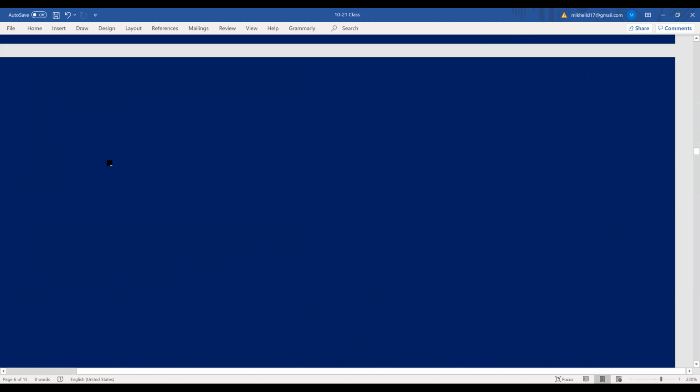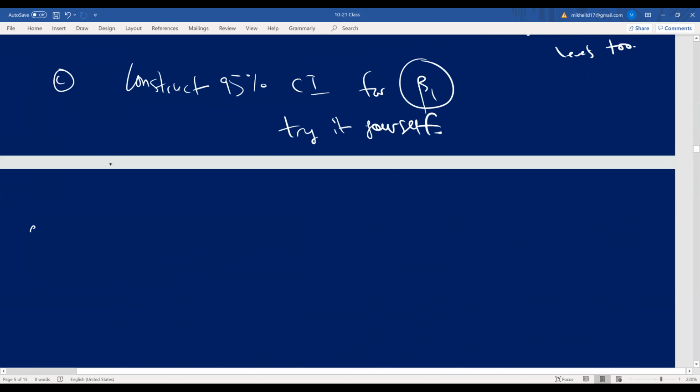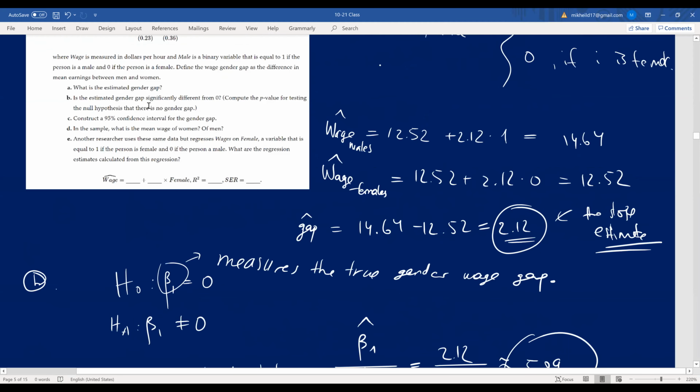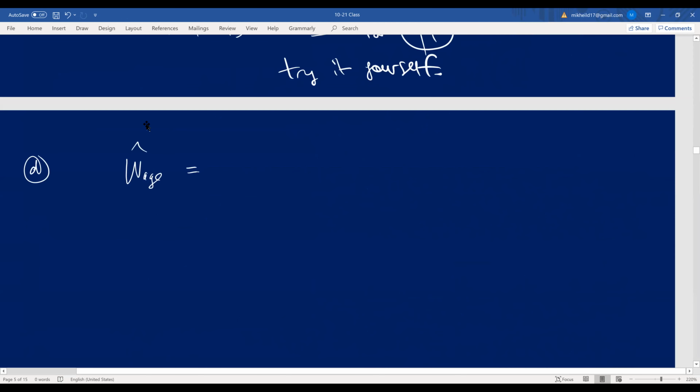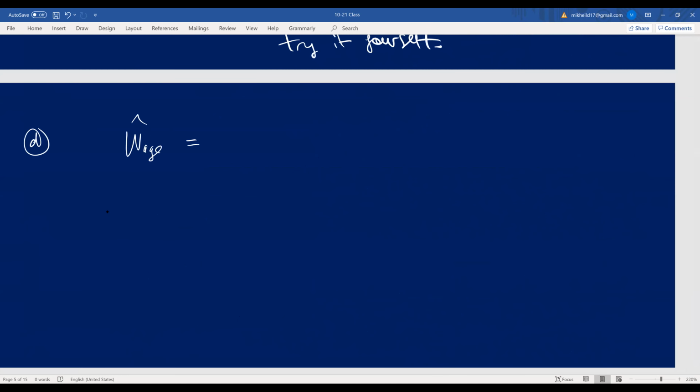Wage hat equals 12.52 plus 2.12 times male.